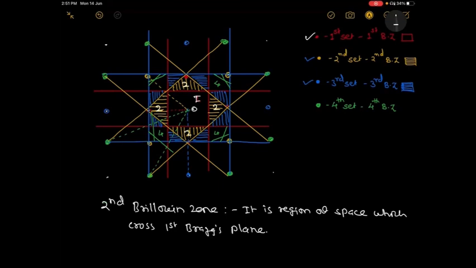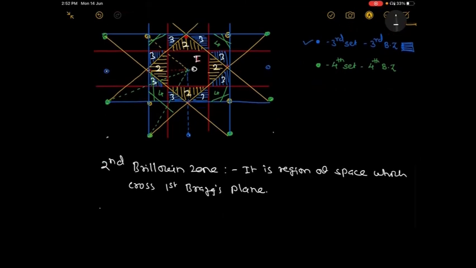The third Brillouin zone, we define in the same manner. It is the region in the space which crosses the first and second Bragg's planes. That region we call the third Brillouin zone. Hence, the third Brillouin zone we are also defining here.